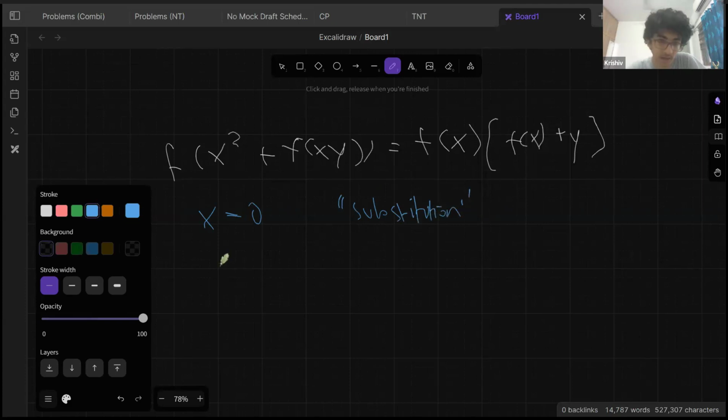And I let y be equal to y, so y is still some variable. What that gives us is f of 0 plus f of 0 times y equals f of 0 times f of 0 plus y.